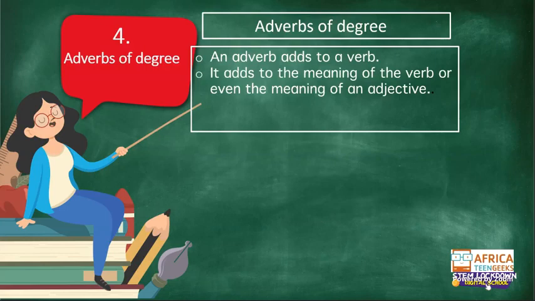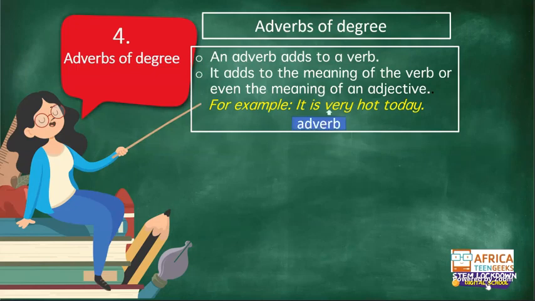So for example, it is very hot today. The adverb is very. The verb is, but that very describes the adjective, hot. So adverbs don't always just describe a verb, they can describe an adjective as well.